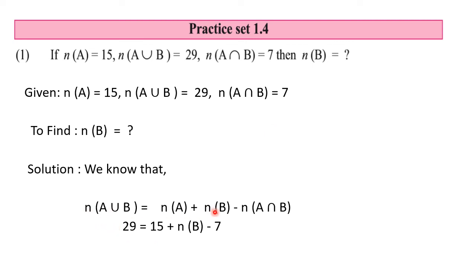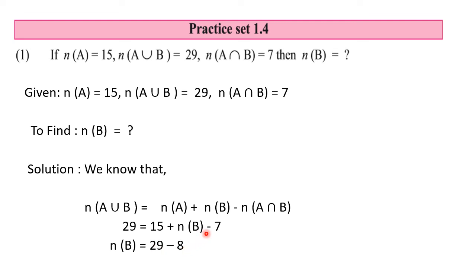After writing the formula, the next step is just to substitute the values, and then you need to solve it. See, 15 minus 7 is 8, and you can shift it to the left hand side, so you will get n of B. What is your next step? n of B is equal to 29 minus 8.